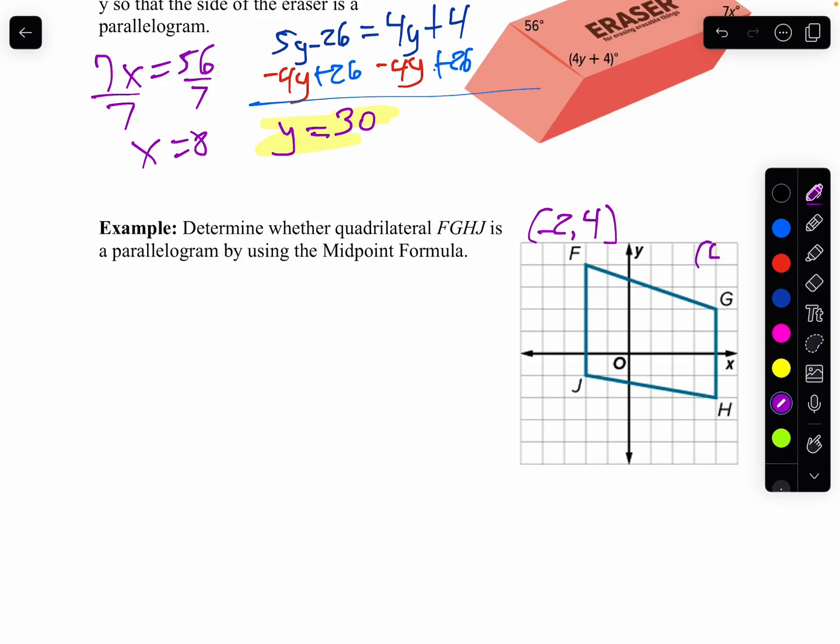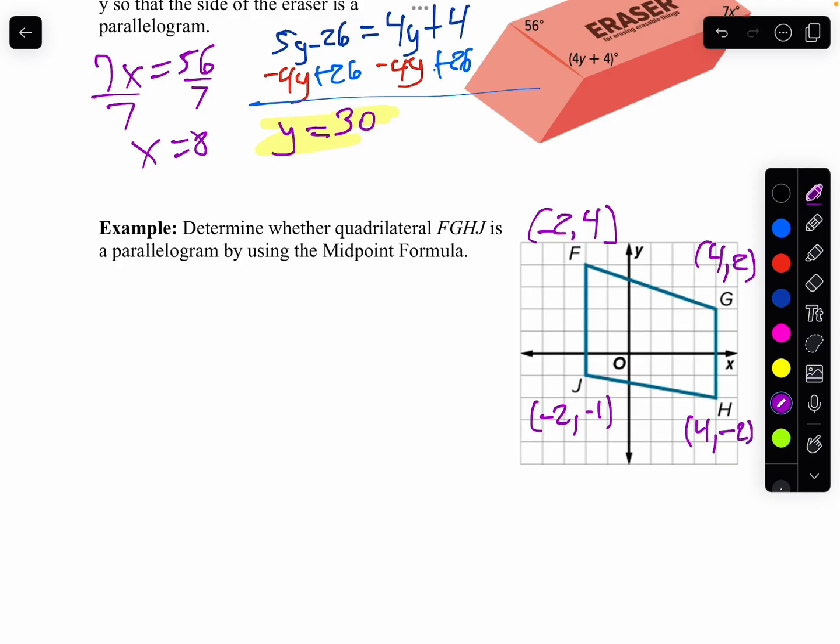So I'm at 4, 2 here. And then H, I'm going to be at 4 and negative 2. And J, I'm going to be at negative 2 and negative 1.